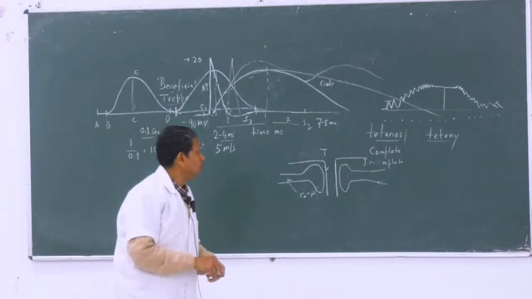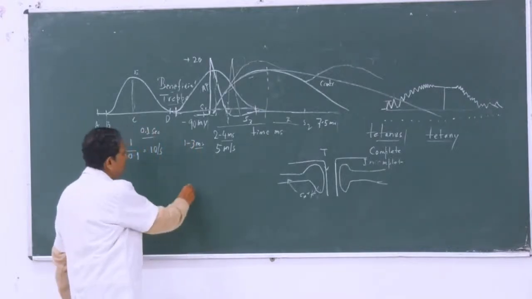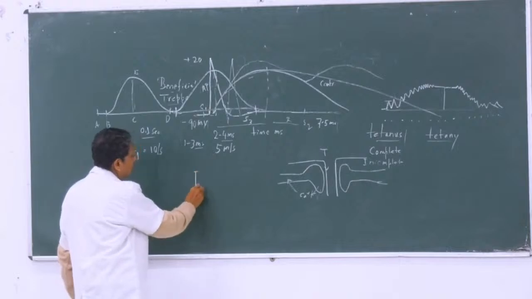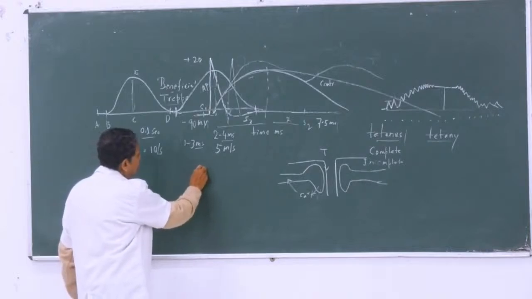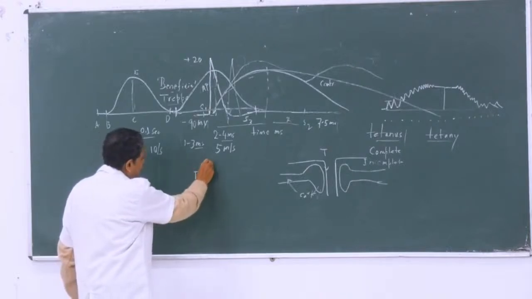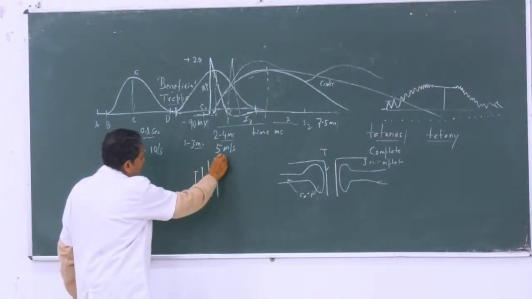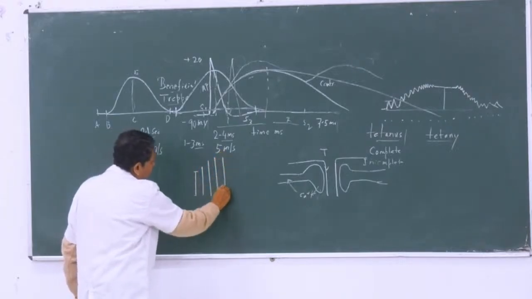In isometric preparation, you will find in your text that it is the force generated due to the first stimulus, and then the second stimulus, third stimulus, fourth stimulus, and then ultimately it will level off.